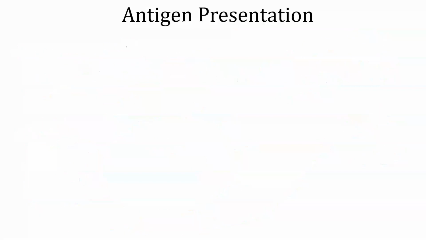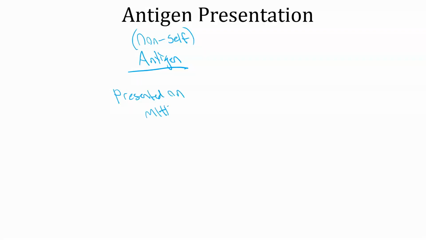Okay, so for the exam, this is sort of the distillation of what you have to keep in mind. If we have antigen, and it's specifically non-self, so it's antigen from things that are not supposed to be in your body, if it's presented on MHC class 1, sorry for the chicken scratch, MHC class 1, here's the meaning of that. It generally means a cell that is infected with a virus.